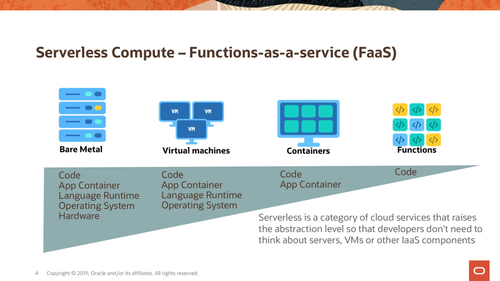Functions as a service is an example of the compute pieces of serverless. So serverless compute is one category of serverless, and functions as a service is what we are going to discuss here, because the Oracle Functions service belongs to this category. Functions have been getting quite popular, and the reasons include there is just less for you to manage.